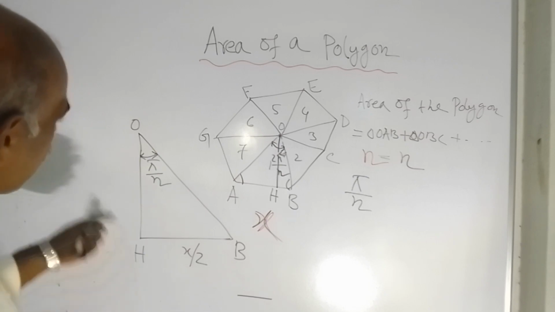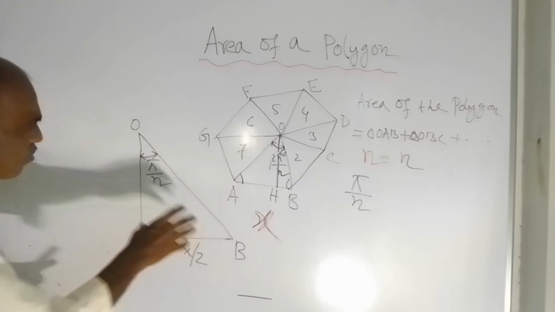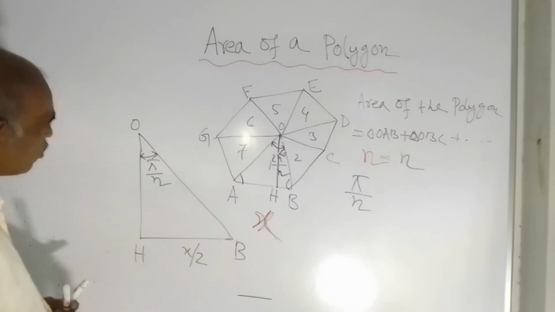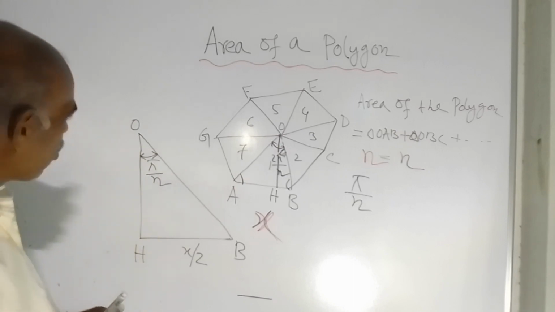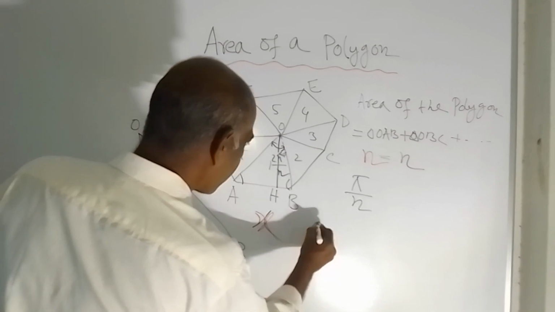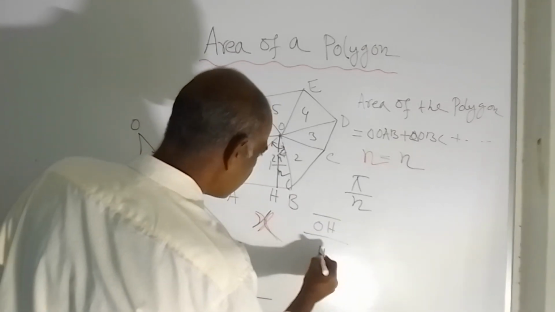Then what is the area of this triangle? It is equal to half into base into height. So what is OH? For this triangle we can write OH divided by HB.